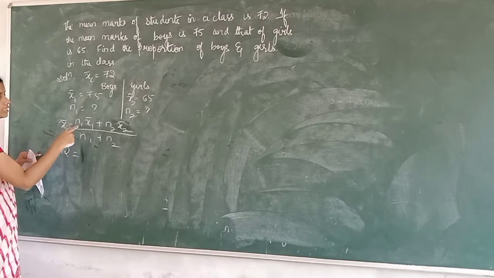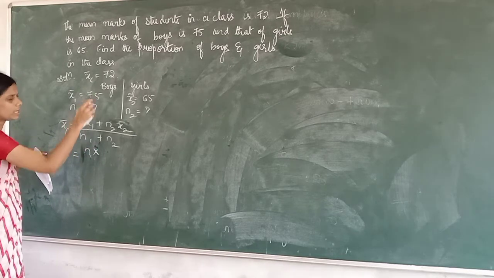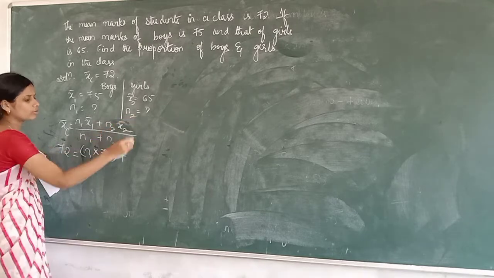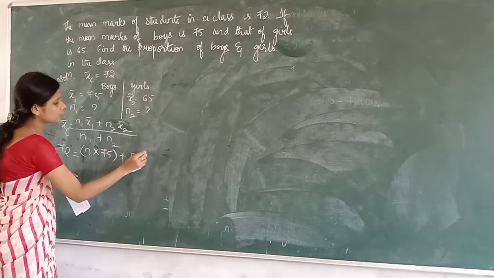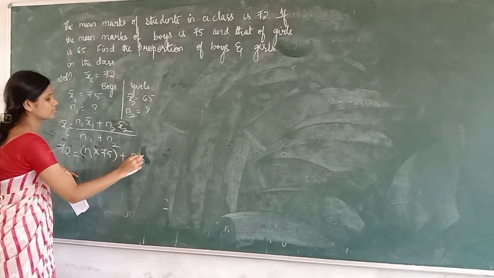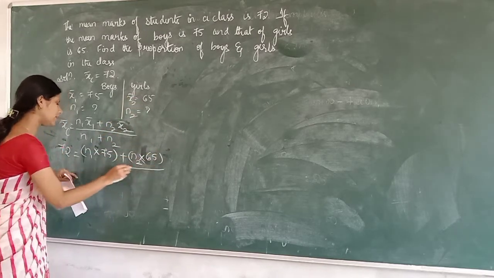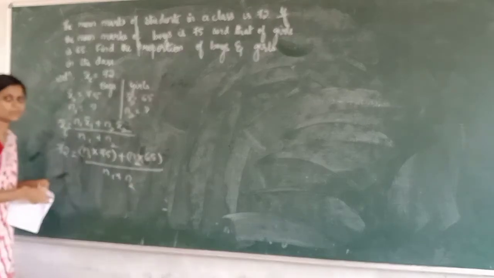So 72 is equal to N1, we don't know it, into x bar 1, which is 75, plus N2, also unknown, into x bar 2, which is 65, divided by N1 plus N2. Now we are going to simplify this equation.